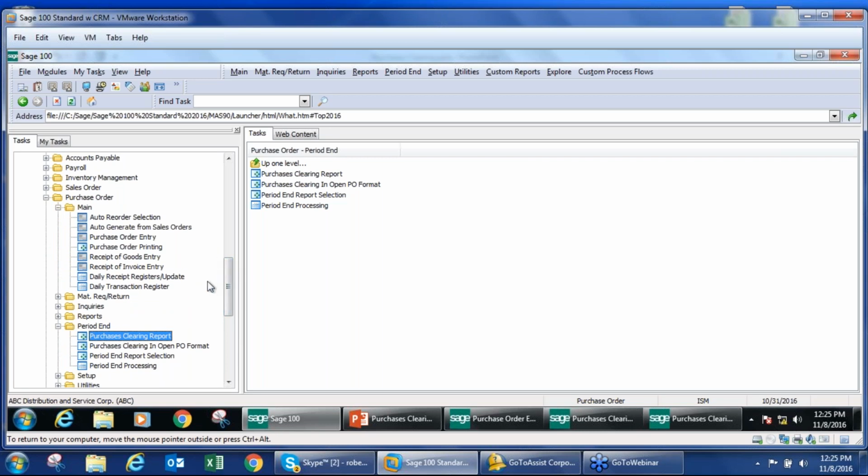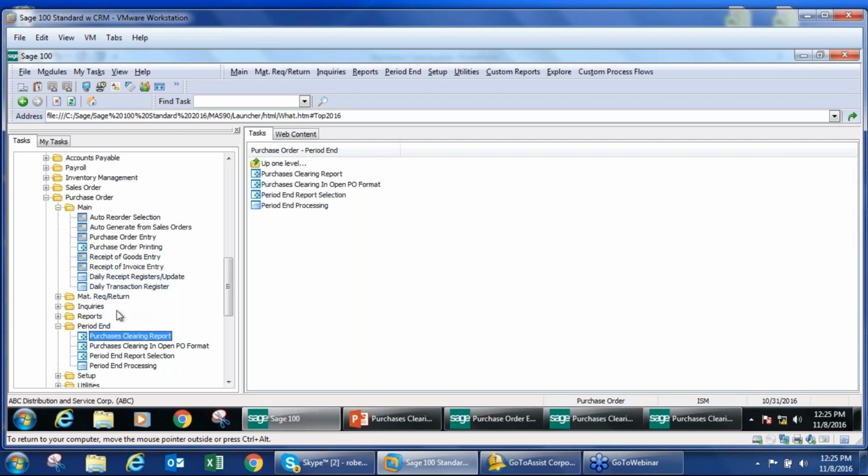Now, what happens when you have miscellaneous items like that? Let's use an example where we have labor and subcontractors that we're working with, and we're doing a PO for them, and we do a receipt of goods to record that they did some work, but we haven't received the invoice.